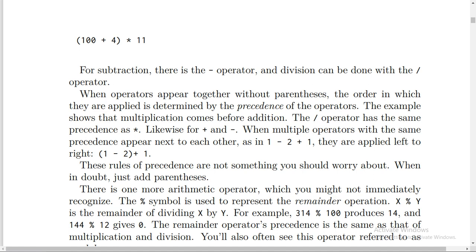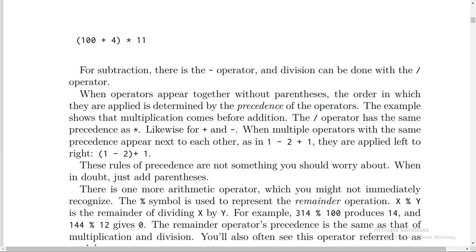For subtraction, there is the minus operator, and division can be done with the slash operator. When operators appear together without parentheses, the order in which they are applied is determined by the precedence of the operators.